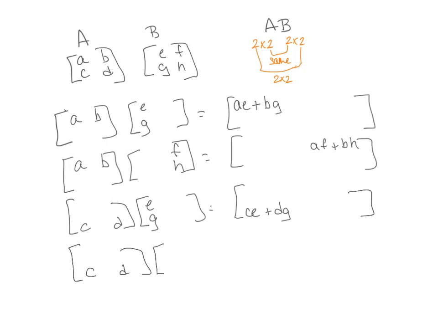We have that second column, which is F and H. So in order to multiply these together, we're going to be figuring out that second row, second column. So those first corresponding parts is going to be C times F, and then the second ones are going to be D times H, right? And then once that all gets put together, we would have all of the parts of the matrix.